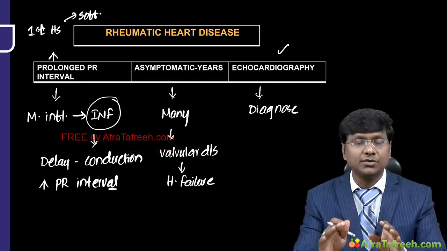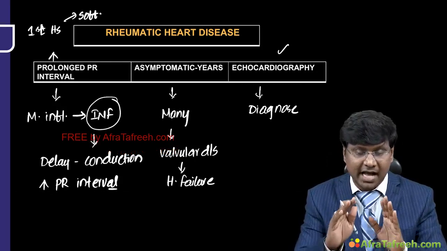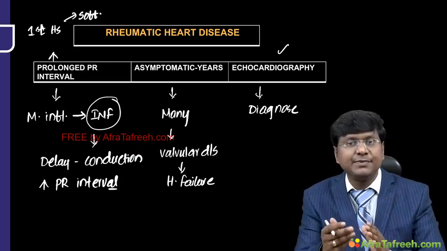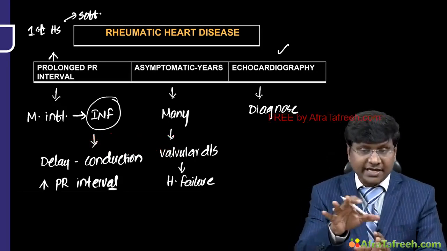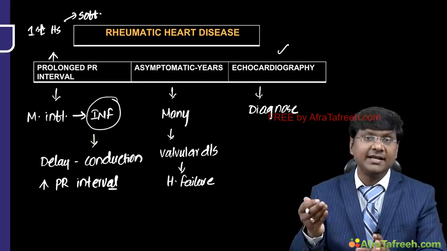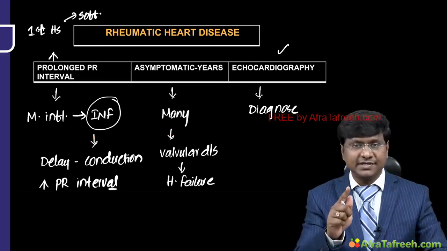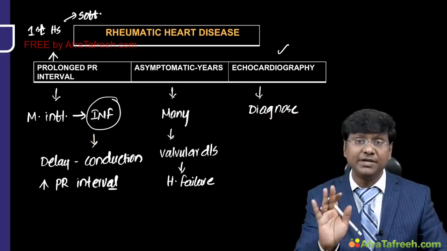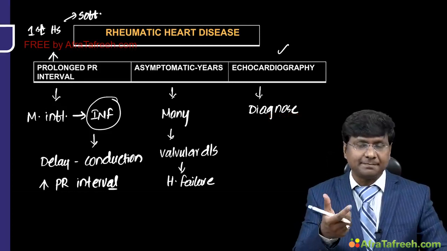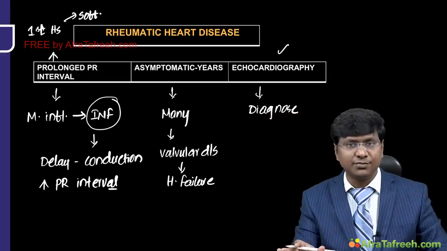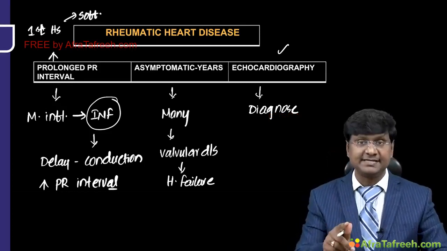It should be done in high-risk age groups, for example school-aged children, or if that particular area is at high risk of rheumatic heart disease. In them you need to screen the heart by echocardiography, wherein you will pick up the presence of rheumatic heart disease even if the individual is asymptomatic.